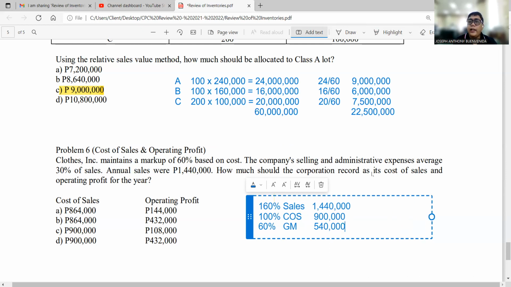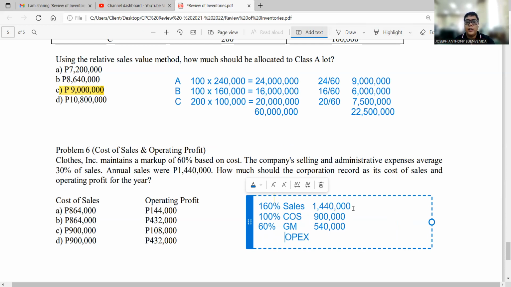The company selling and administrative expenses daw is the average of the 30% of the sales, no? So ang OPEX is 30% of sales. OPEX or operating expenses is 30% ng sales. So pila na? 1,440,000 multiplied by 30%, it's 432,000.